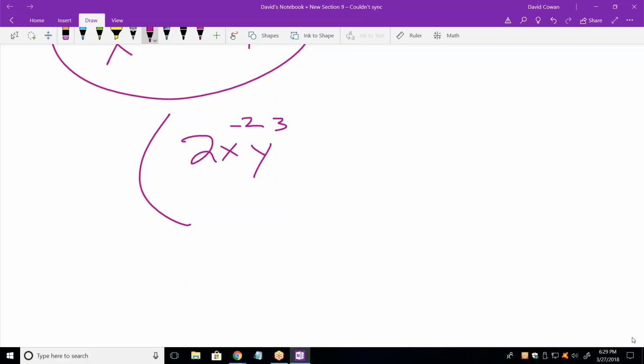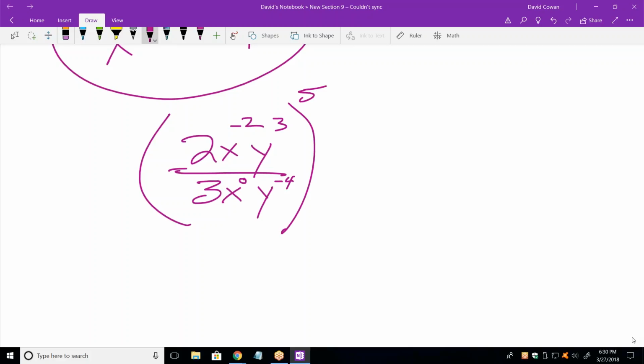And under that is 3x to the 0 power, y to the -4th power. And all of that's in parentheses to the 5th power.